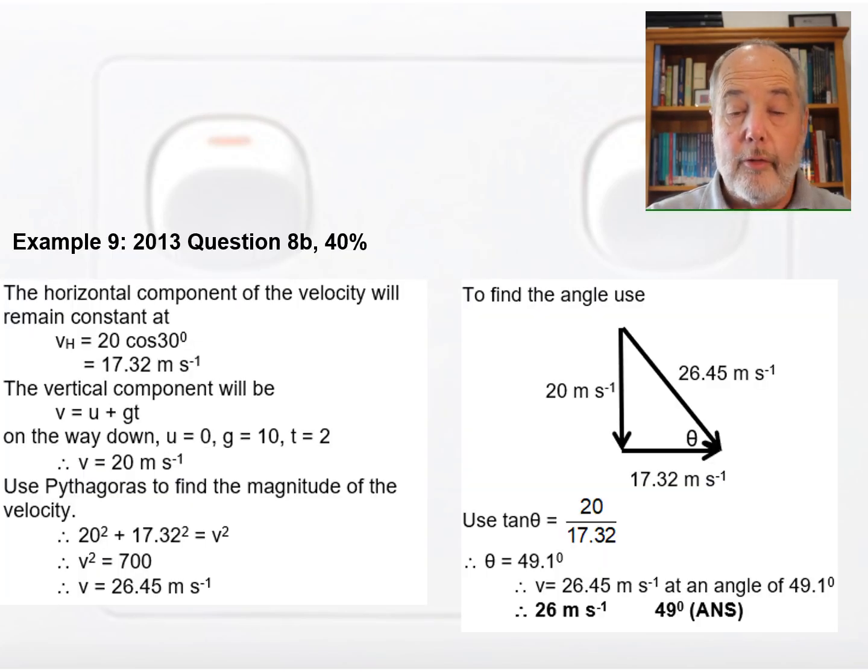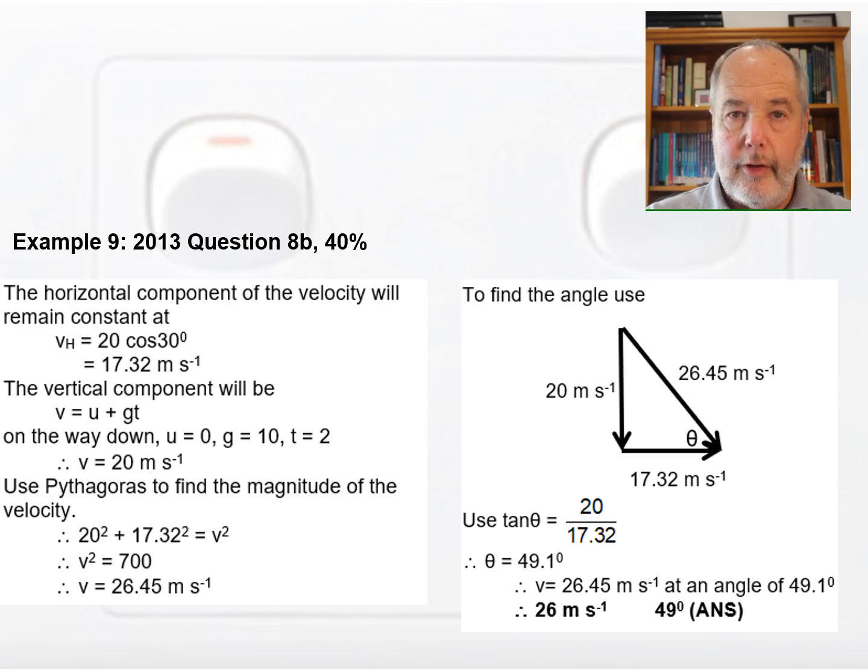The horizontal component of the velocity will remain constant at 20 cos of 30, which is 17.32 meters per second. The vertical component of the velocity is going to change, and after 2 seconds it will be 20 meters per second. Using Pythagoras gives me that the velocity is 26.45 meters per second after 2 seconds.